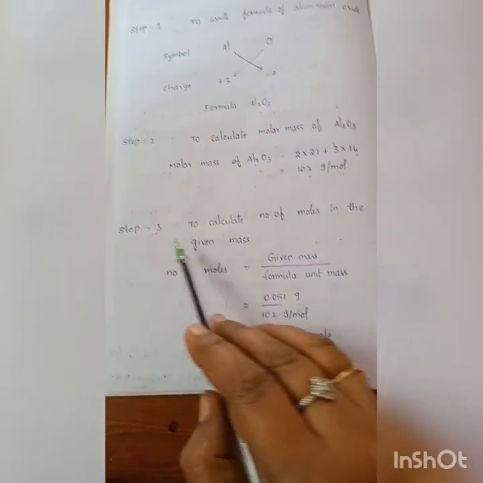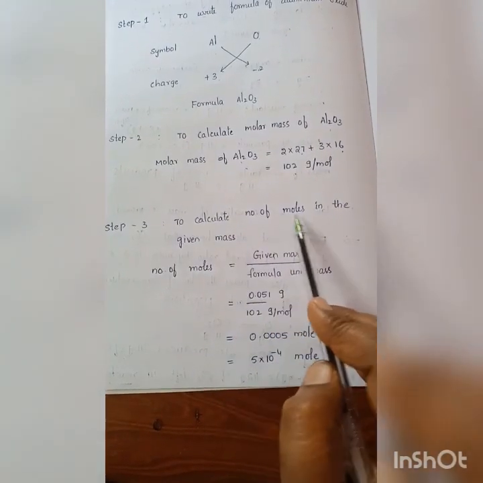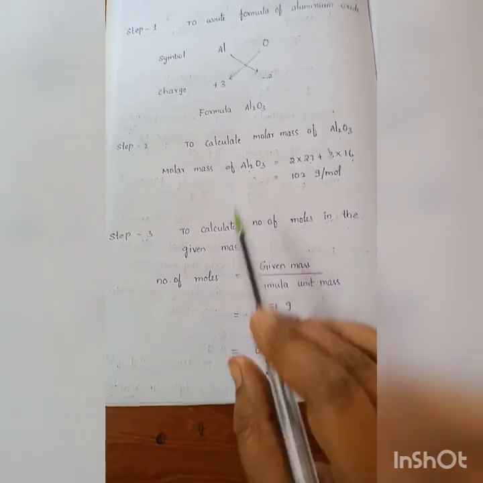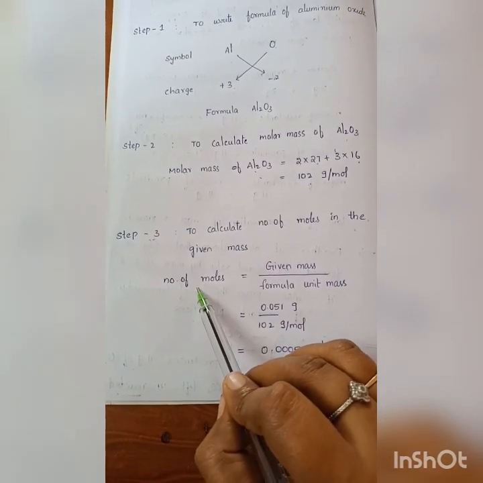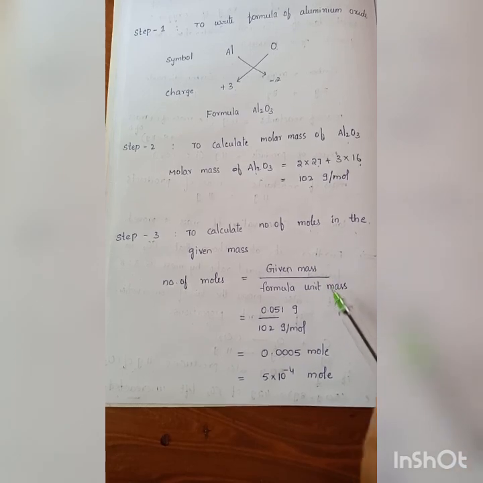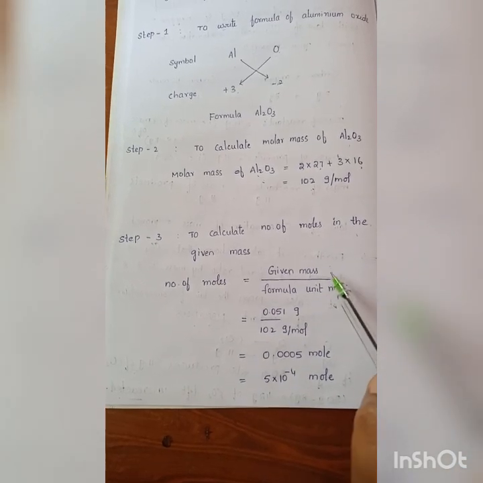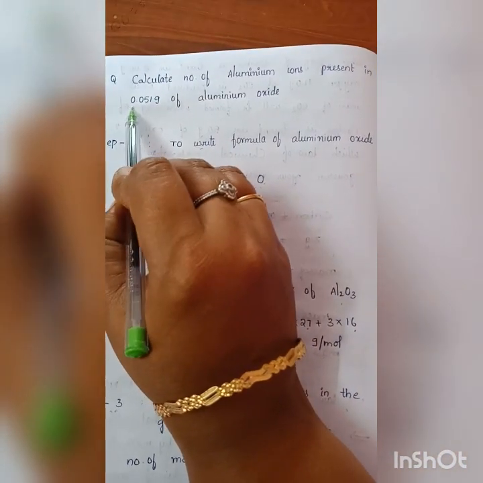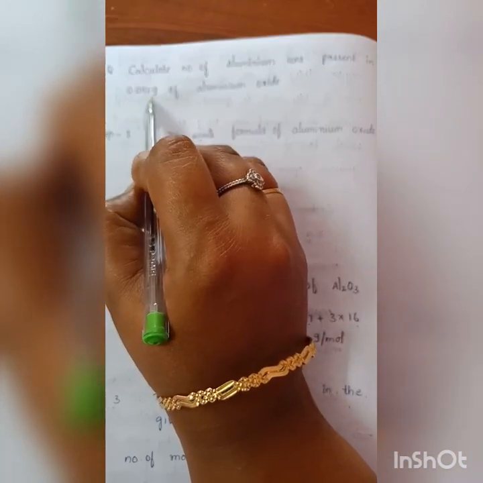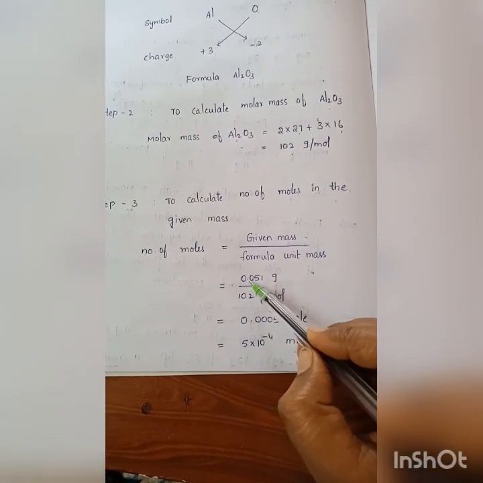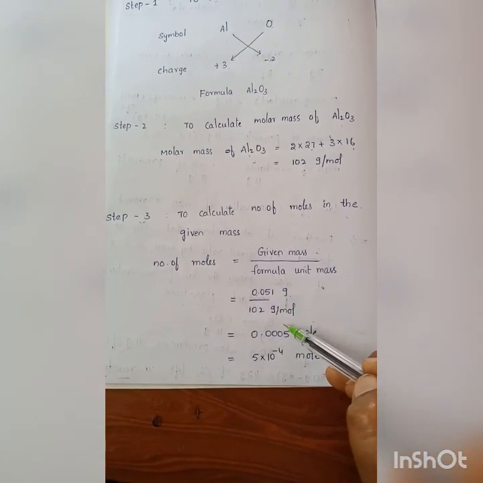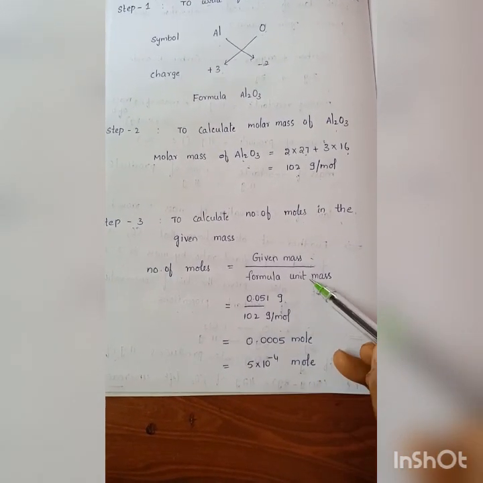Next, step 3. To calculate the number of moles present in Al2O3. What is the number of moles formula? Given mass by formula unit mass. What is the given mass? They have given in the question 0.051 grams of aluminum oxide. Therefore, 0.051 is the given mass of aluminum oxide by the formula unit mass.